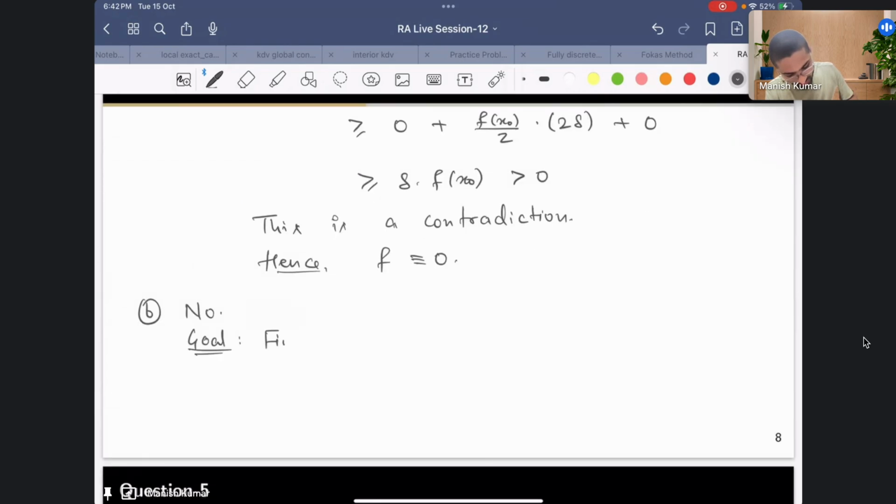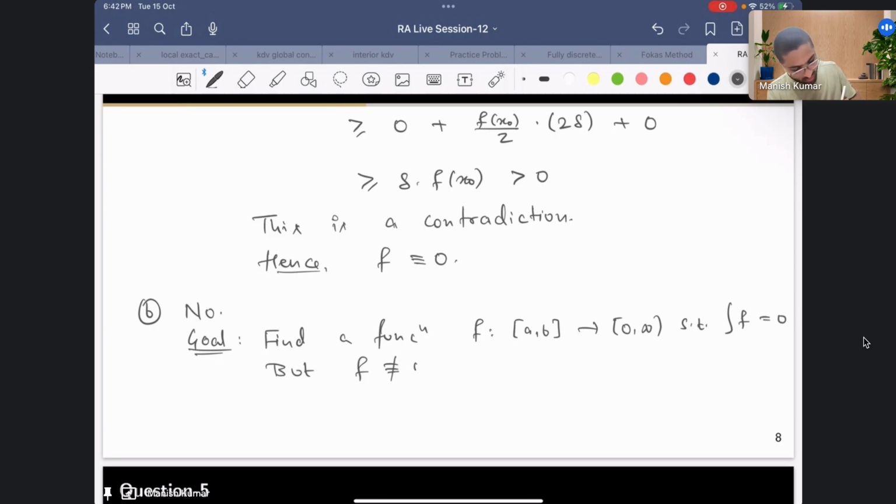The goal is to find a function f from AB, which is defined, and AB you can choose particularly, which is a non-negative function such that the integral of f is equal to 0, but f is not identically 0.